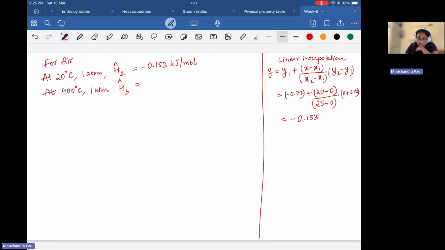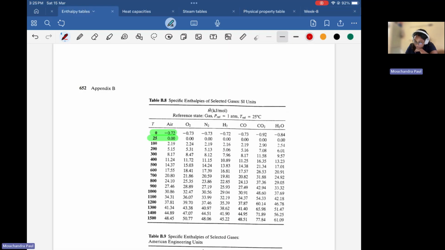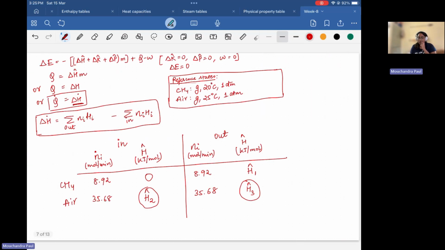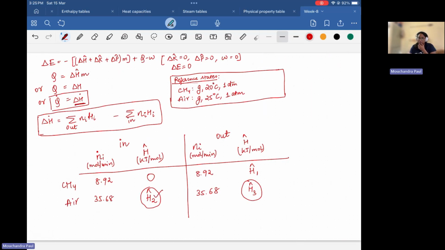Now for 400 degrees Celsius, let's see if the value is given or not. Yes, it's given. It's 11.24 kilojoules per mole. Now the only unknown that is left is H hat 1.